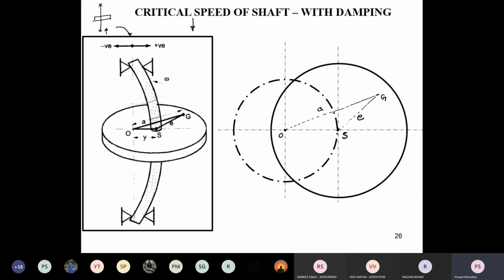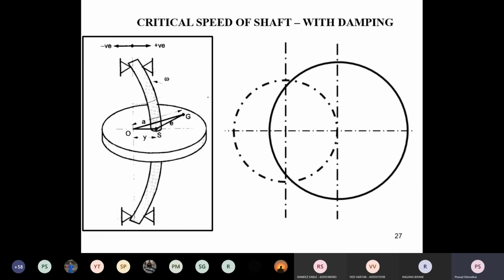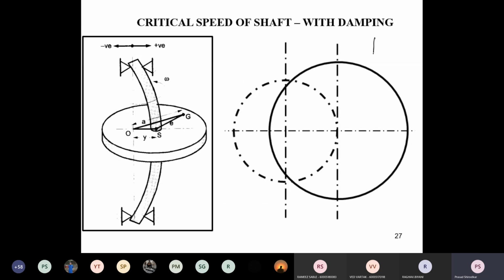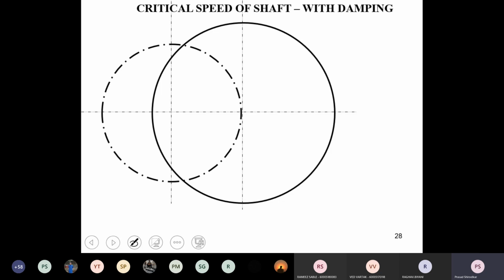Now let's do a little more detailed analysis of this displaced position, and let's mark all the forces. I am just enlarging this portion.